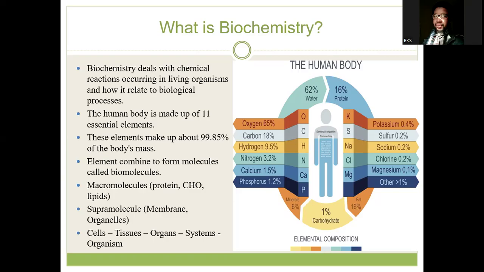These biomolecules can be amino acids, fatty acids, or sugars as monosaccharides. We have amino acids combining together to form the polymer we call the macromolecule protein. We have monosaccharide sugars combined together to form carbohydrate.